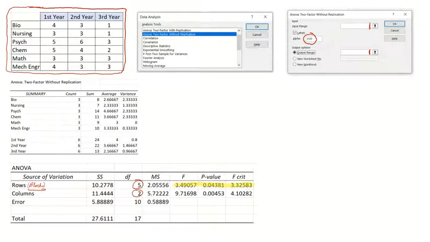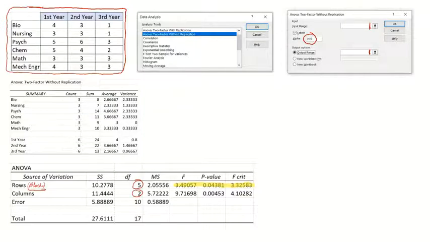Then you focus your attention on the last 3 values to the right: the F value, the P value, and the F critical, or the boundary of the critical or rejection region.